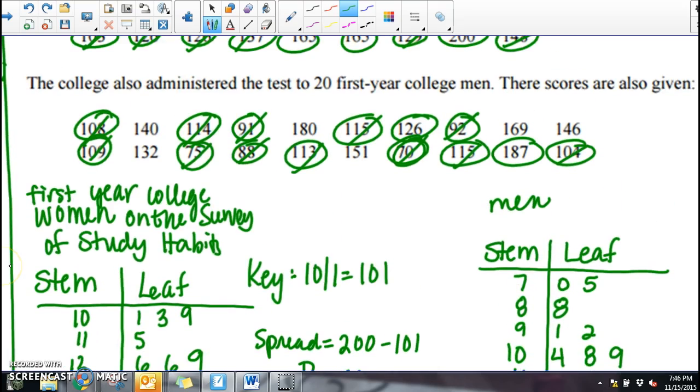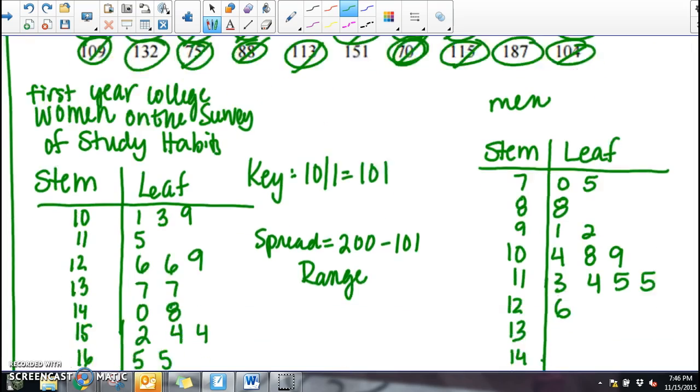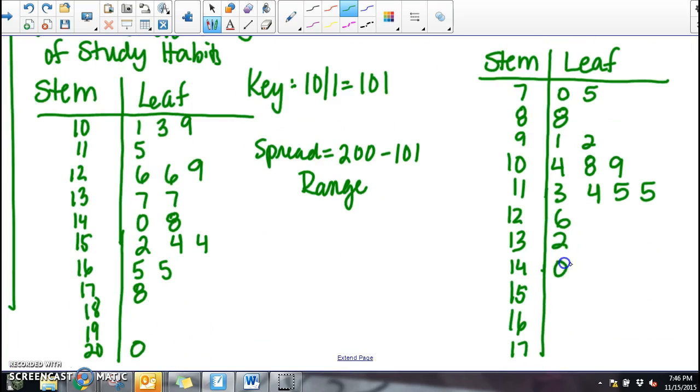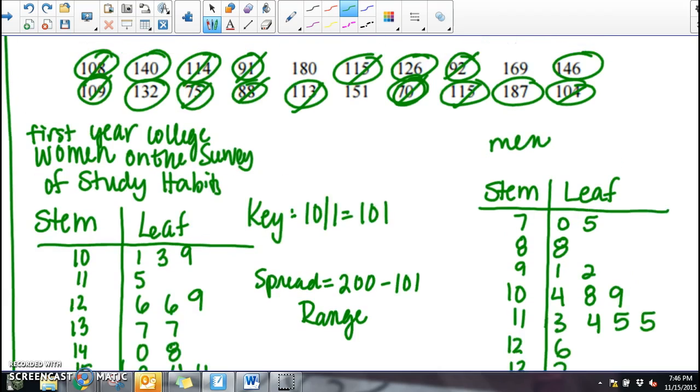In the 30s, we have just a 132. And in the 40s, we have 140 and 146.